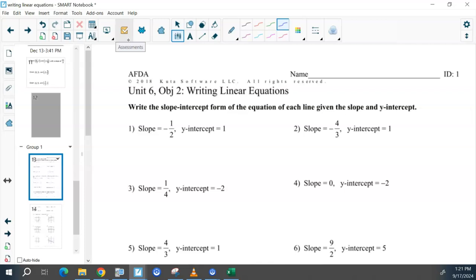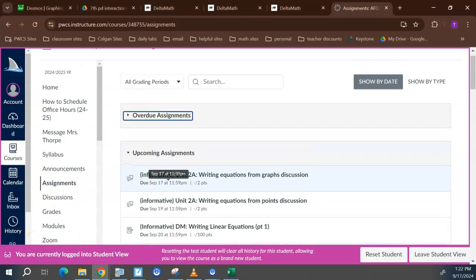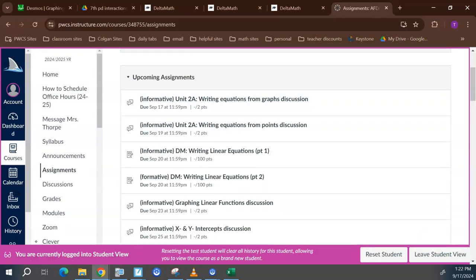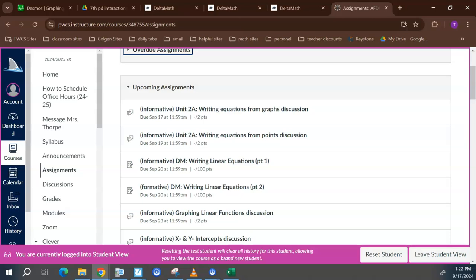Okay, so then I need you to do 2 things, and then after you do those 2 things, you can work on other missing Delta Math from last week, work on finishing tests, work on retake work. But the 2 things I need you to do are, in Canvas, in your assignments, you can change this to show by date. And if you show by date, you'll see upcoming assignments.